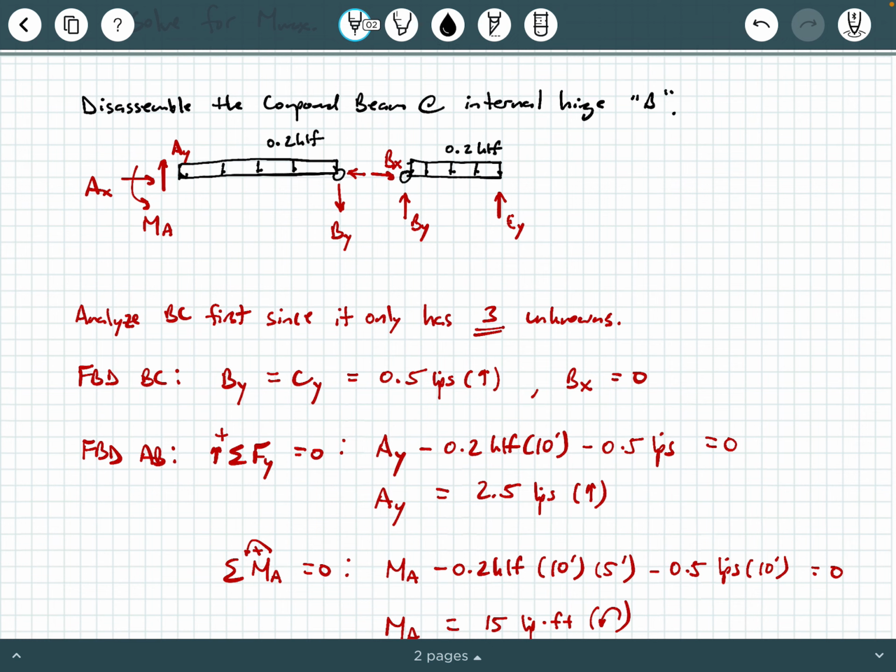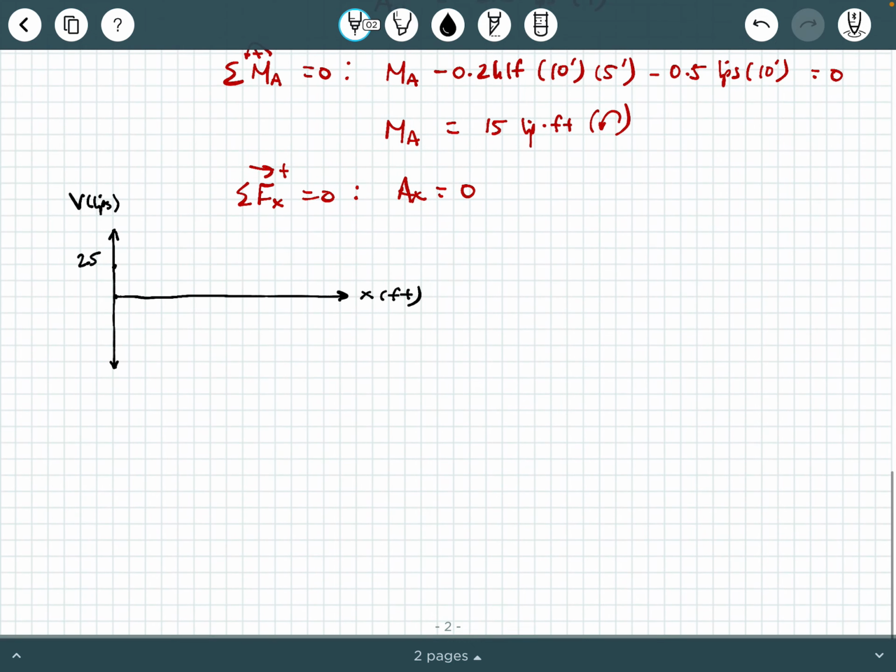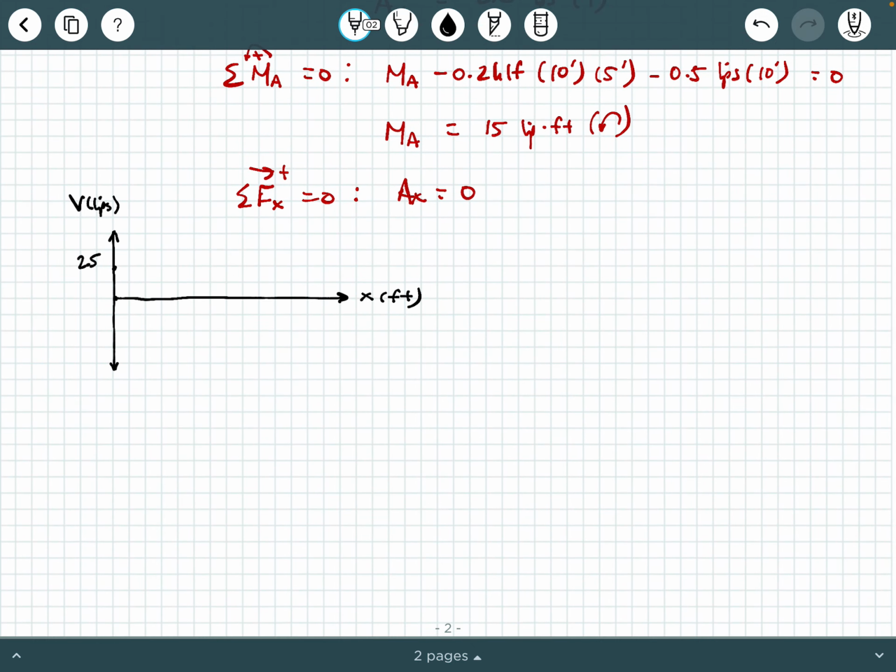So when I reassemble this point B, I'm just gonna apply that uniformly distributed load over the whole beam, all right? And so when I do that, I'm gonna end up getting a shear diagram that starts at positive 2.5 and it goes all the way down to negative 0.5, and it's going to be linear.